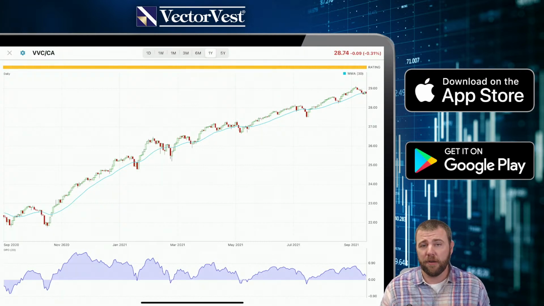Once again, DPO, for anybody just tuning in, stands for the Detrended Price Oscillator, and it's a great momentum indicator. It oscillates around that level of 0, and above 0 shows positive momentum or an uptrend. Below 0 shows negative momentum or a downtrend. So as we can see, it has been in an uptrend most of the year or throughout the last year. No surprise there.